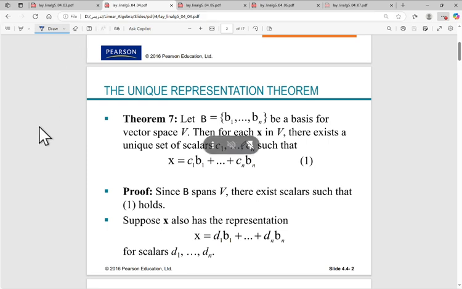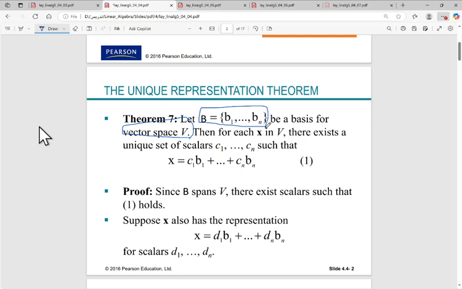Suppose that we have a subspace like V, or a vector space like V. We have a subspace like V, any subspace that you may imagine, like R2, R3, and so on. And we have a basis for this subspace, B1, B2, up to Bn.